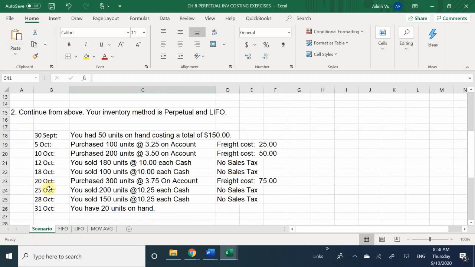So what happened on October 5th? We purchased 100 units at $3.25, and the freight is $25. Good.